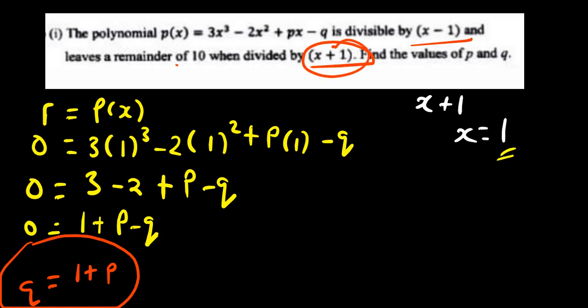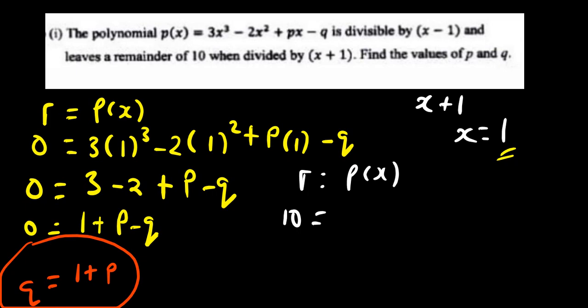So let's also solve using that condition they've given us. The remainder is 10, and the divisor is x plus 1, so x equals negative 1. Wherever there is x, we replace it by negative 1 in the expression.